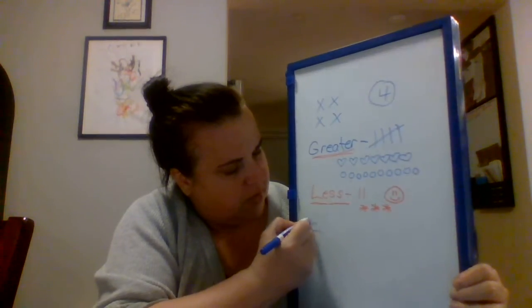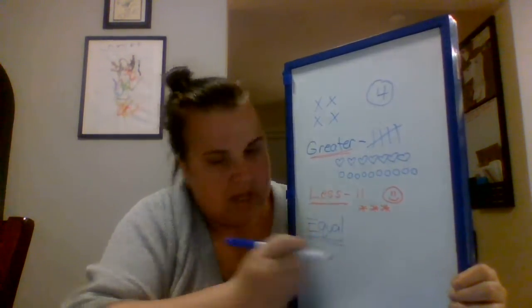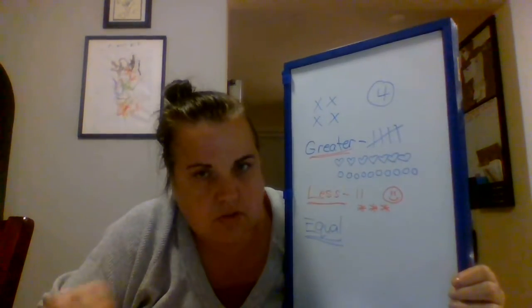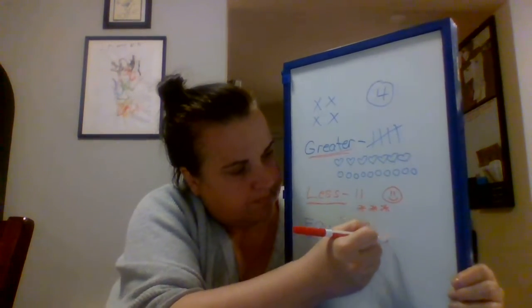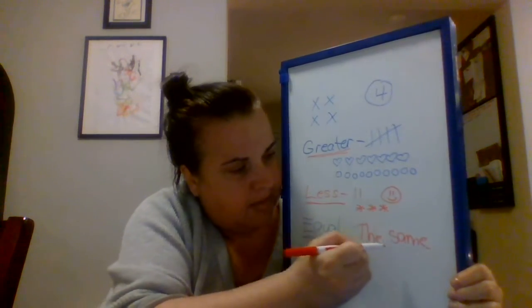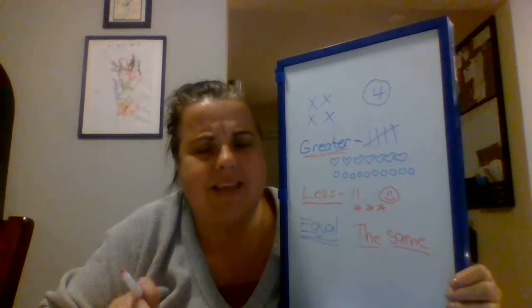Now we're going to do equal. If I'm asking you for a group that is equal to 4, which means, say it with me, the same as 4, what is the only thing you can draw?